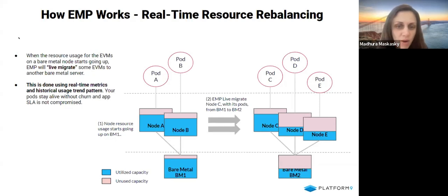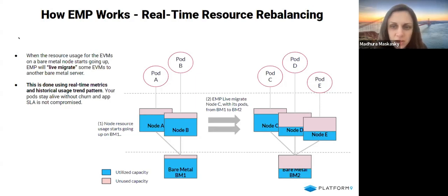So no restarting of pods, no rescheduling of pods, no restart of any form required. In this way, EMP is able to retain availability even better than almost all of the right-sizing tools that exist in the market today, because all of those tools require a restart. So that's, in a nutshell, the core value proposition of EMP.